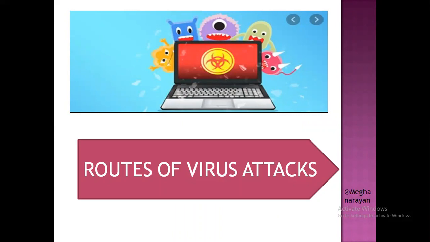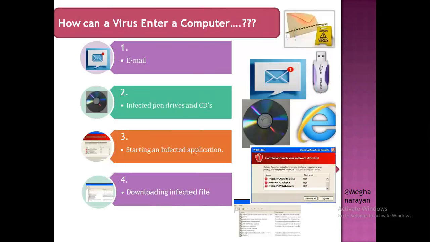Those routes, we should also know, we should also have the knowledge of how my computer system is getting infected by those viruses. So here, the title is, how can a virus enter inside a computer system?